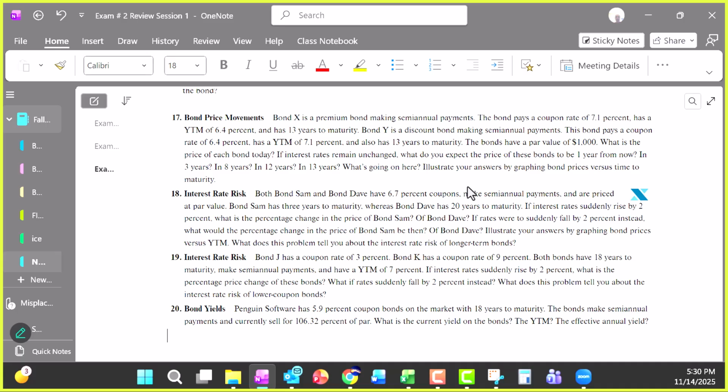What's going on here is for a premium bond, coupon rate is higher than the discount rate or the yield to maturity. For a discount bond, coupon rate is lower than the yield to maturity.